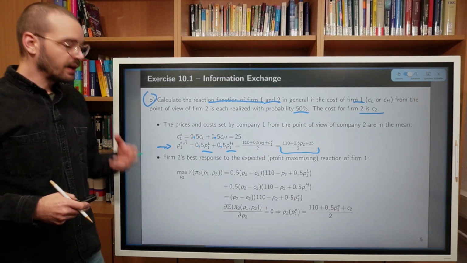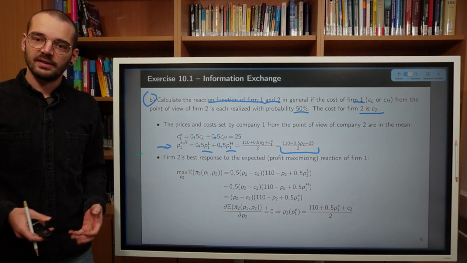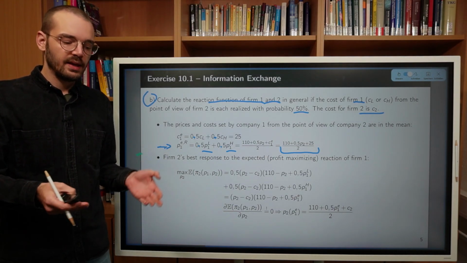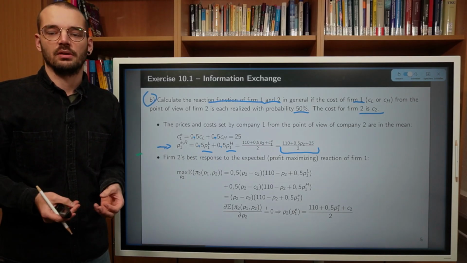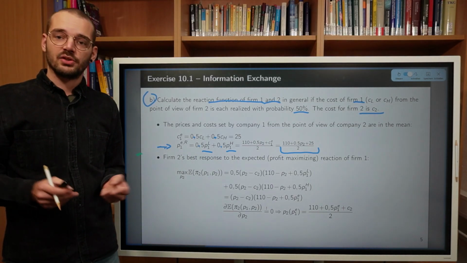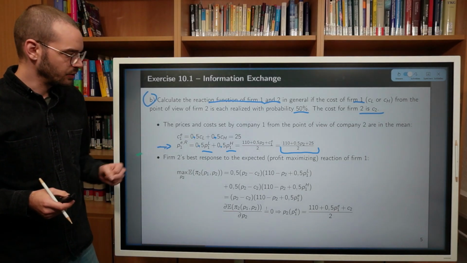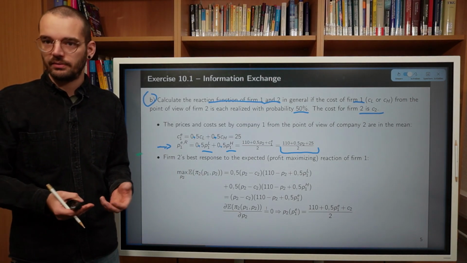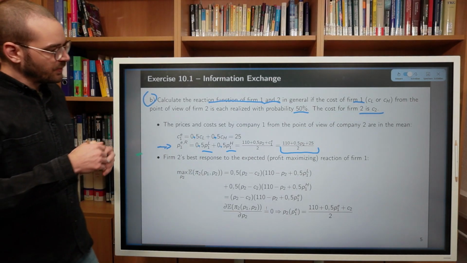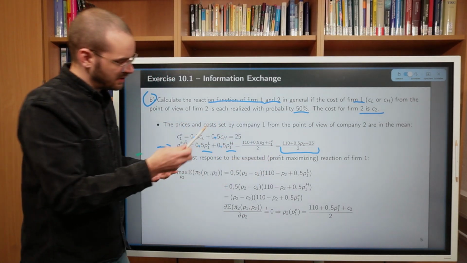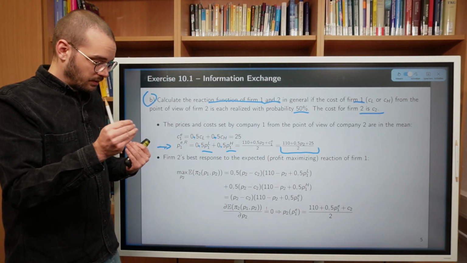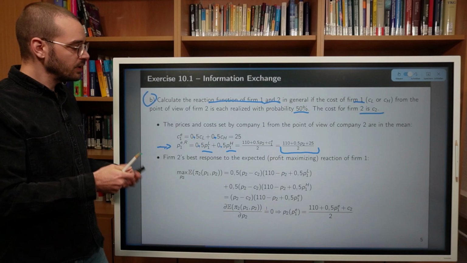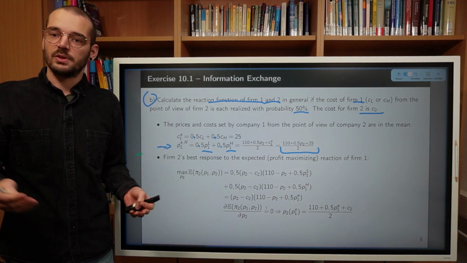Now if you want to find the equilibrium of this market, in the usual way we have to find the intersection, graphically speaking, of these reaction functions. Or mathematically speaking, we have to solve by substitution, for example. We know the expected best response for firm 1 from the point of view of firm 2, and we know the deterministic best response of firm 2.